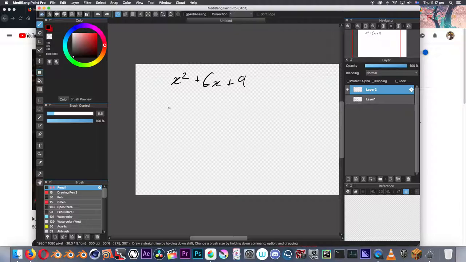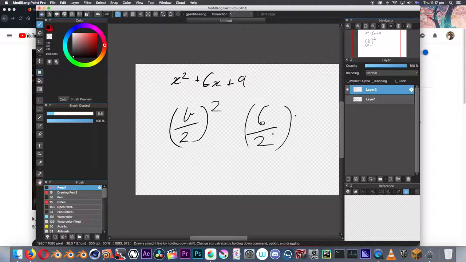Anyway, so the first step is to get the middle term. So 6x, and well, we got to put it into this formula. All right. So basically, get the middle term, half it, then square it. So let's go do that. So half of 6 is 3.